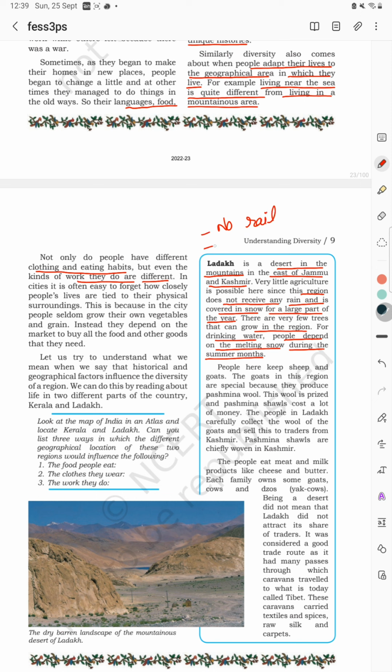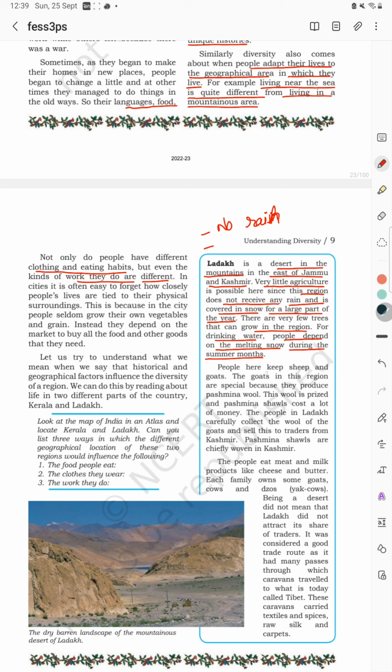Drinking water is available during summer when the snow melts. There are no trees or very few trees. A large part of the area is covered with snow. Very little agriculture. These are unique features of Ladakh.